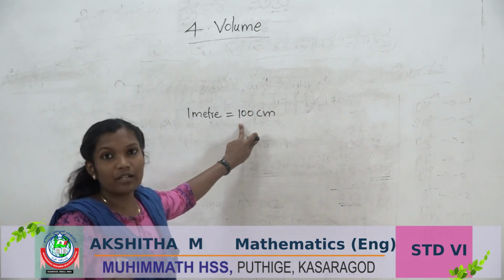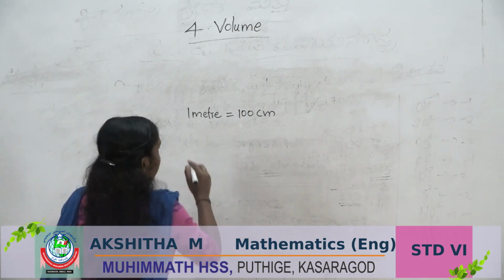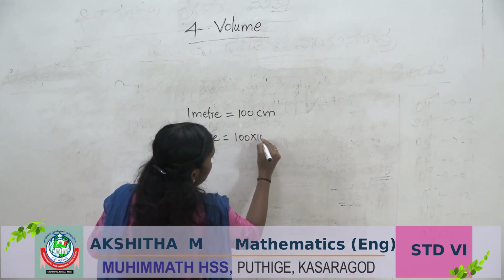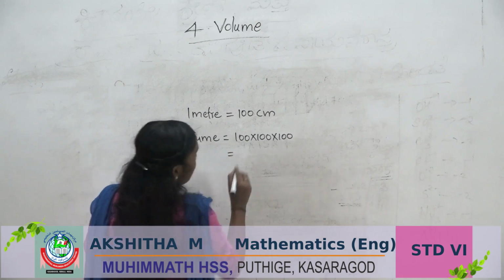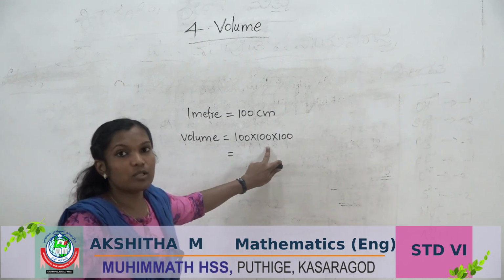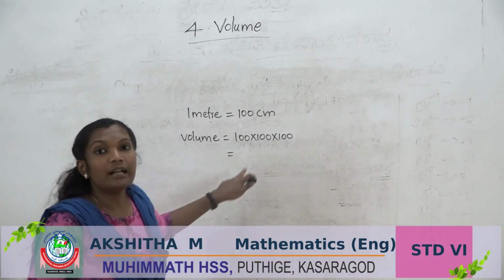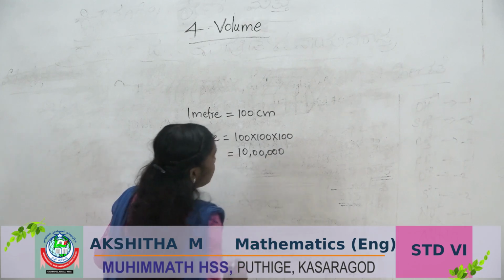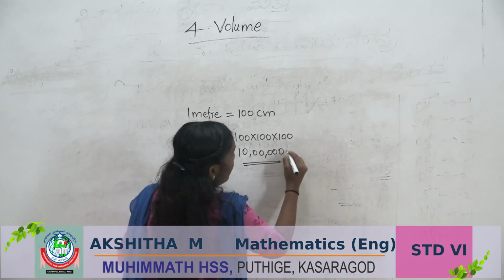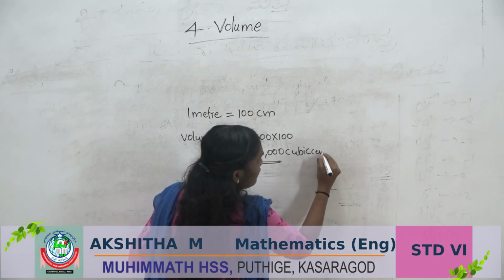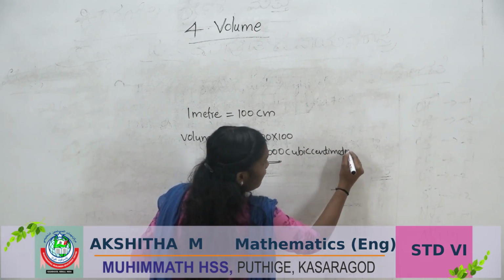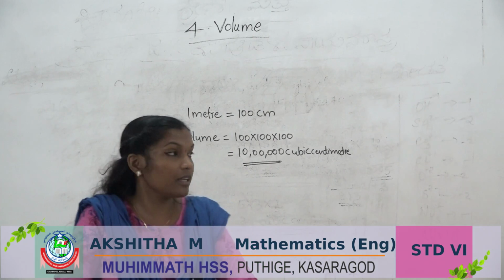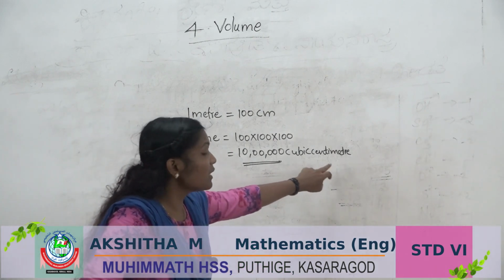So volume is equal to 100 into 100 into 100. 100 into 100, 10,000. 10,000 into 100 is 10 lakh cubic centimeter. Volume of a cube of side 1 meter is 10 lakh cubic centimeter.